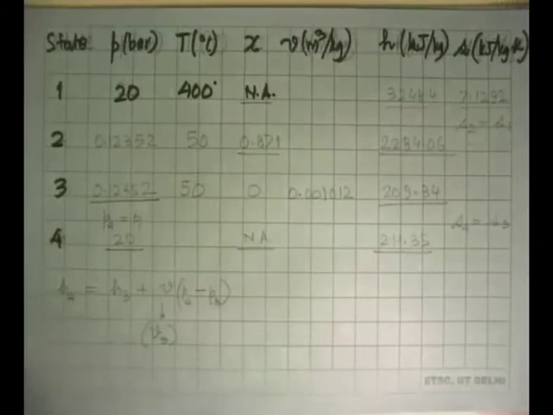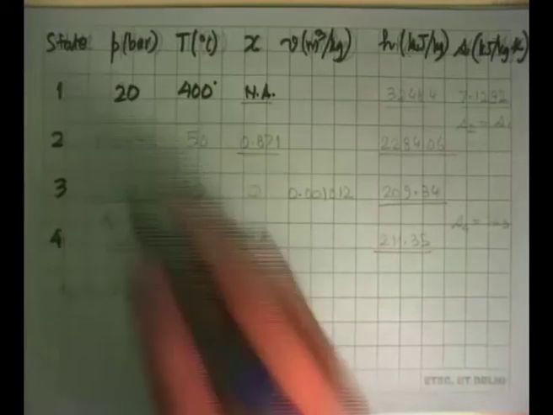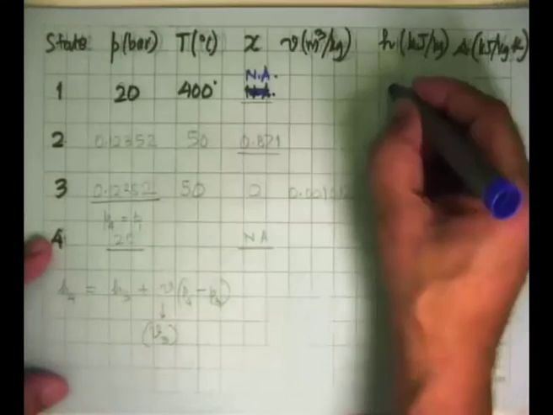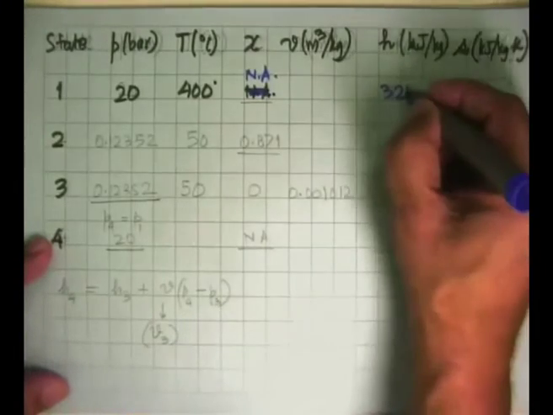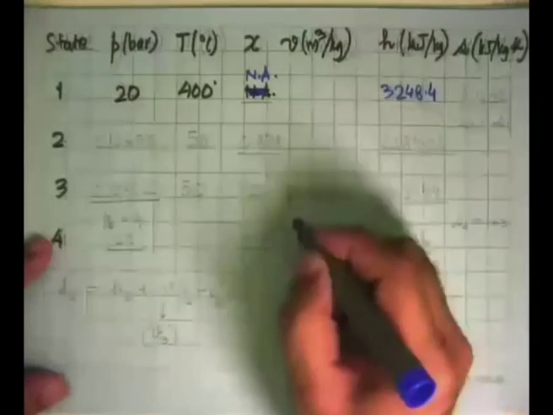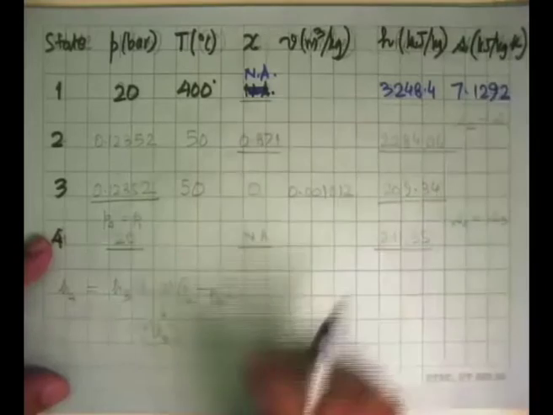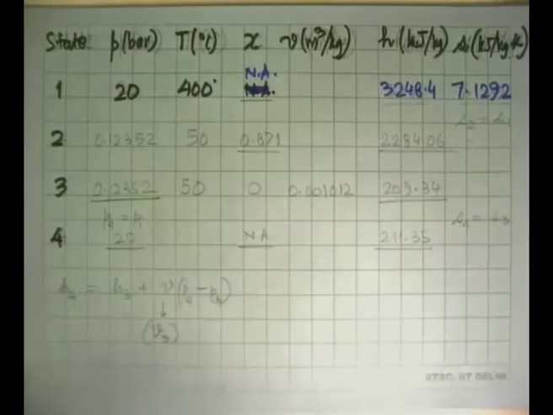So now we are starting to infer from this information. Since these two are given, we can go to the property table, get the specific volume, we can get the specific enthalpy and write it there. From the table we can get the specific entropy and we can write it over there. So these we calculated. This is what was given to us.